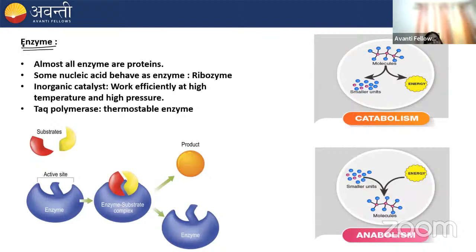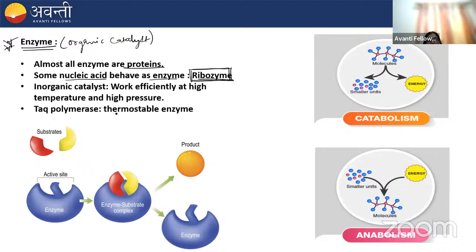Enzyme, very important. Almost all enzymes are proteins, but some nucleic acids behave as enzymes, and those are ribozymes. Enzymes are organic catalysts, and there are inorganic catalysts as well.